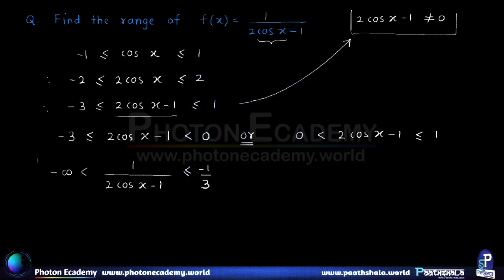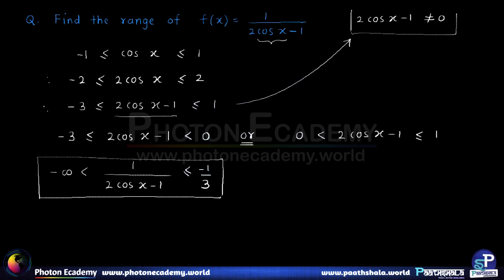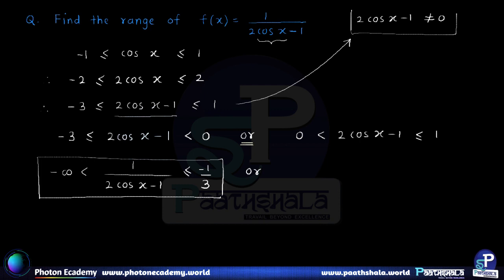Okay. So we have found one possible branch, or one possible set of values of the function. Now in the second case also we have to take the reciprocal. Here we see that the quantity 2 cos x minus 1 is positive because it lies between 0 and 1.